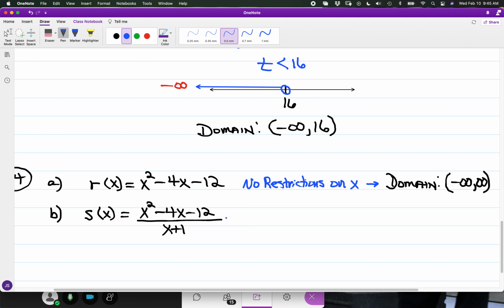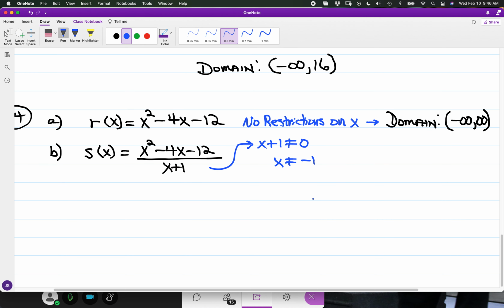Again, there will be a restriction whereupon we cannot have a zero denominator. So x plus 1 cannot be equal to 0. If x plus 1 cannot be 0, this signals that x cannot be negative 1. And this is going to be the only restricted value we have for x for the function s of x.